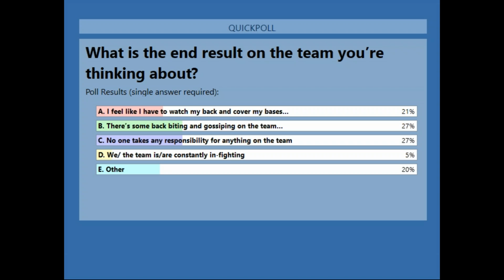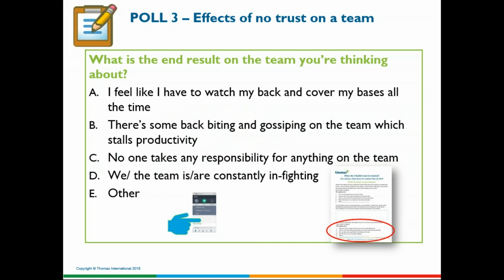So very similar issues across the board. And I think this is in alignment with all the teams that I've worked with over my time. It always comes back pretty much to the same things. Okay, so thank you very much, guys. That's good to know, and again, good framework.